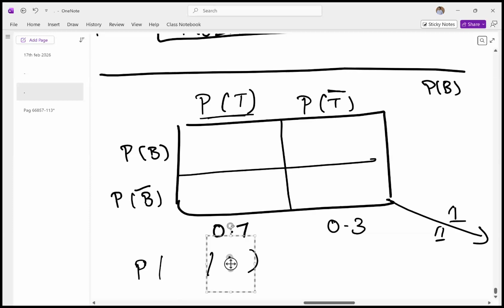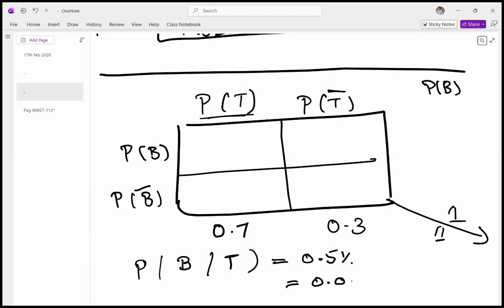Out of the people who do have a TFSA, only 0.5% have declared bankruptcy. So bankruptcy, once they have the TFSA, is 0.5%. I can write it as 0.005 also, because percent means divided by 100. That's how I'm going to write it.